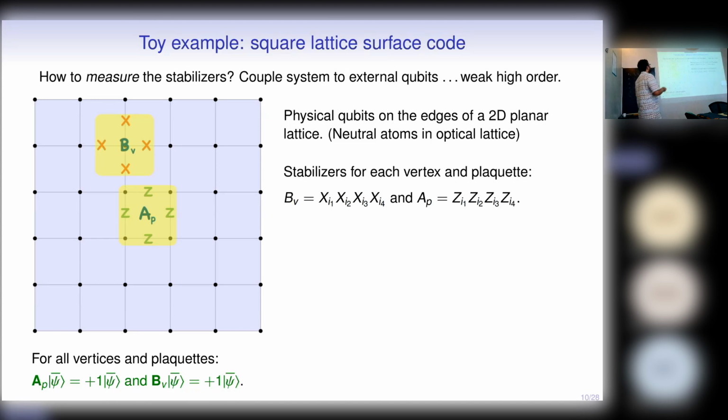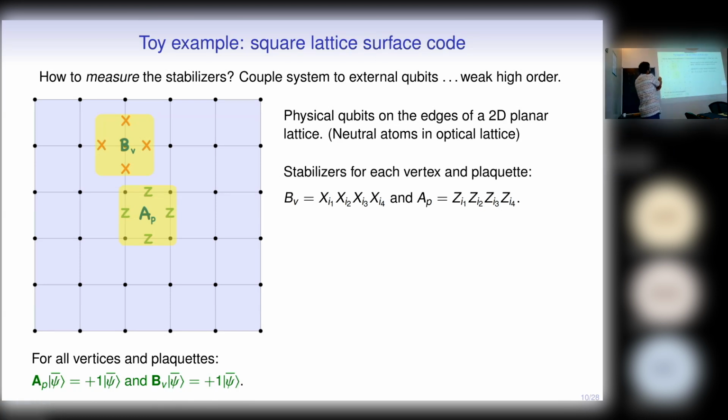I'm going to specify something like a grid where I'm going to say, think of each edge in this grid as a physical qubit. So in this 10 by 10 grid, you have 200 such edges. You have 200 physical qubits, right?